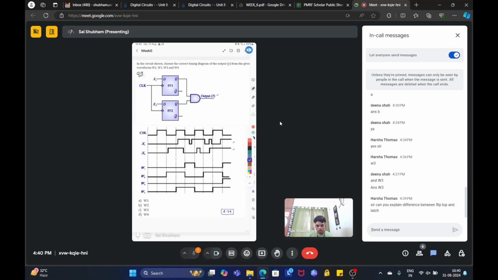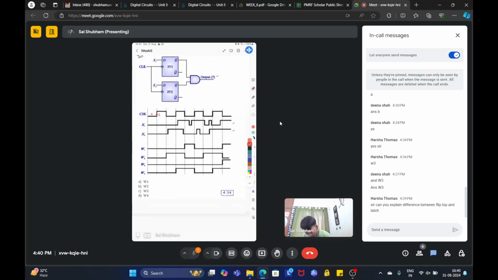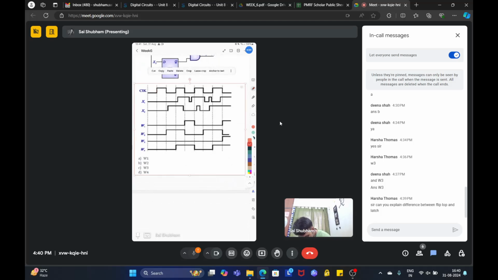If you give S equal to 0, R equal to 1, it will basically make the output 0. But in a flip-flop, this is edge triggered. By edge, it means that whenever there is a transition of clock from 0 to 1, in that transition only, your output will be registered. I will explain in detail later.